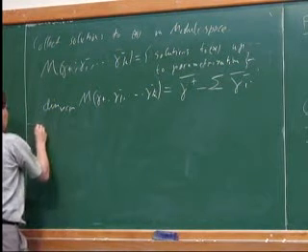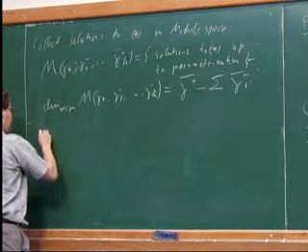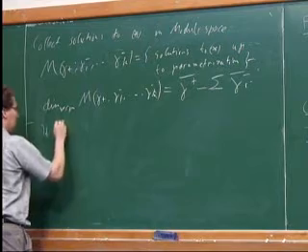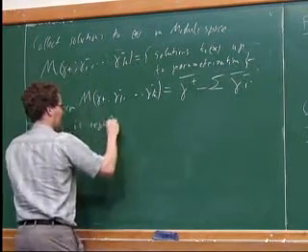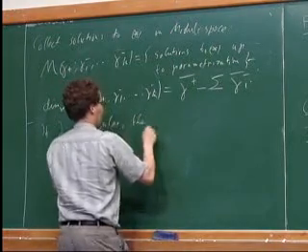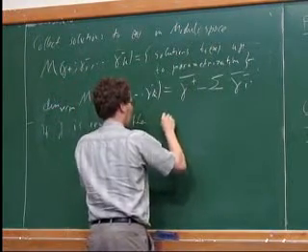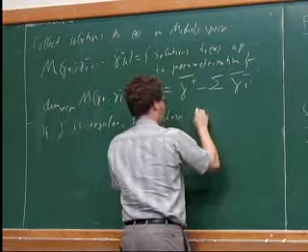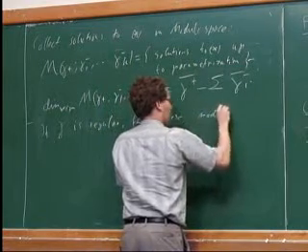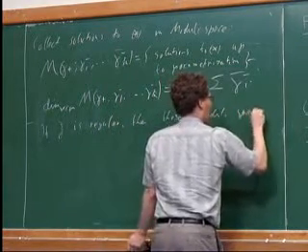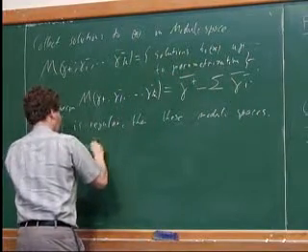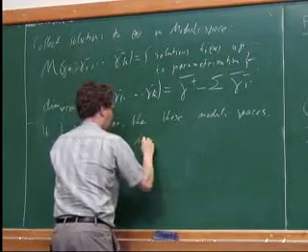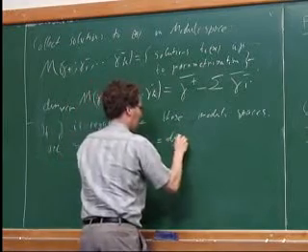Okay, so if J is regular, nice if you want, then these moduli spaces are smooth manifolds of dimension equal to the virtual dimension.